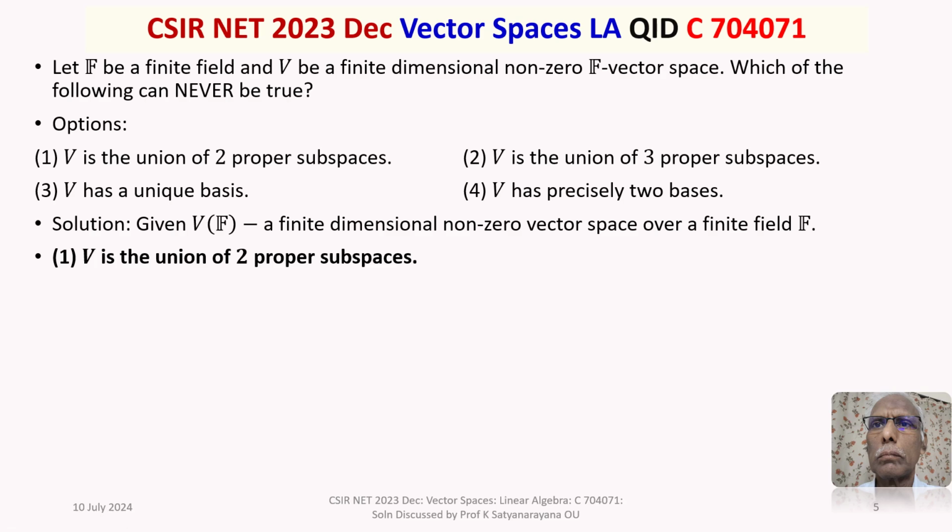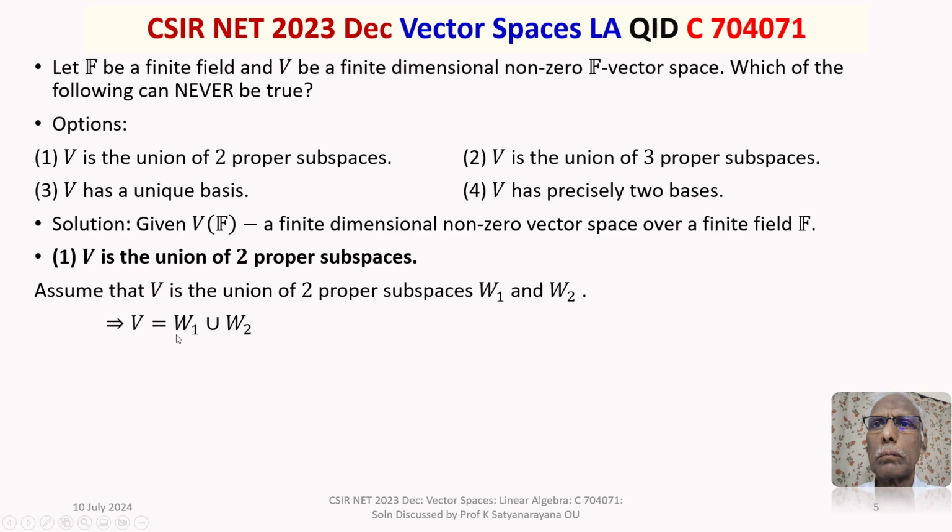Assume the contrary. That means you assume that V is the union of two proper subspaces. These two proper subspaces, name them W1 and W2. That is, V is equal to W1 union W2. Now recall a theorem.